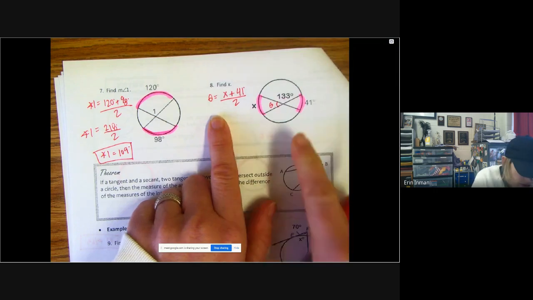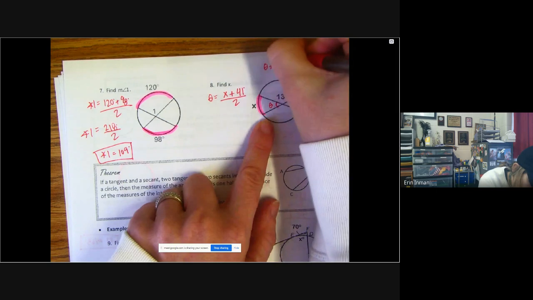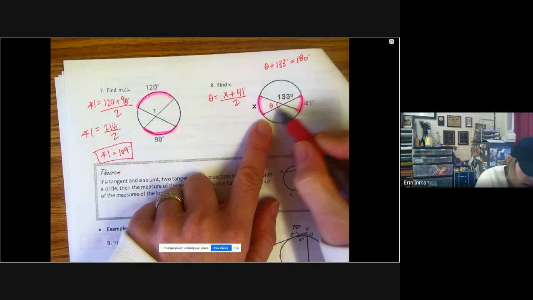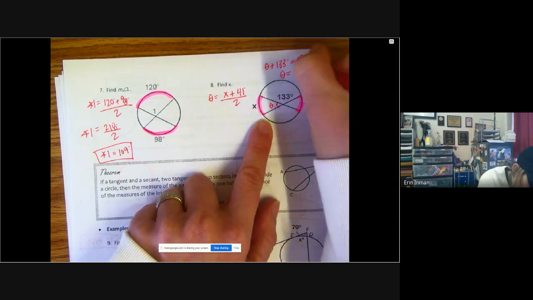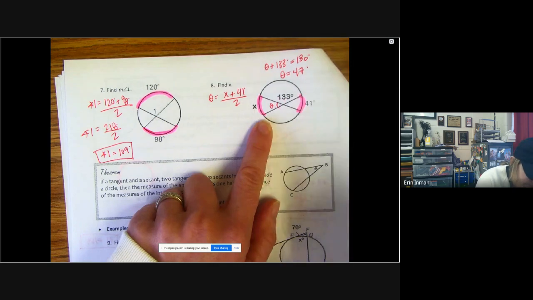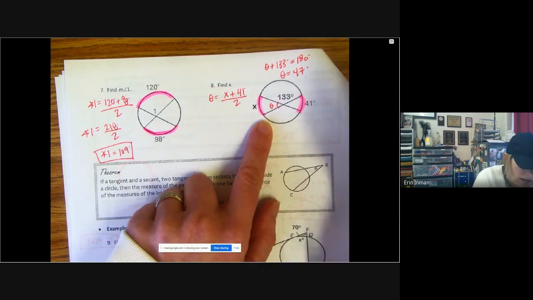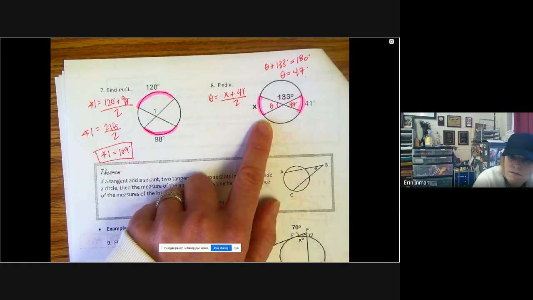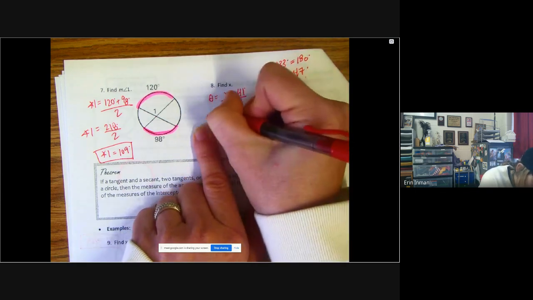I need to know what theta is, and I can find this because we know that it's a linear pair, and so theta itself is going to have to be 47 degrees. So I subtracted 133 from 180 and got 47 degrees. So that's 47 degrees, and that vertical angle is 47 degrees. Now I can substitute in 47 degrees here.